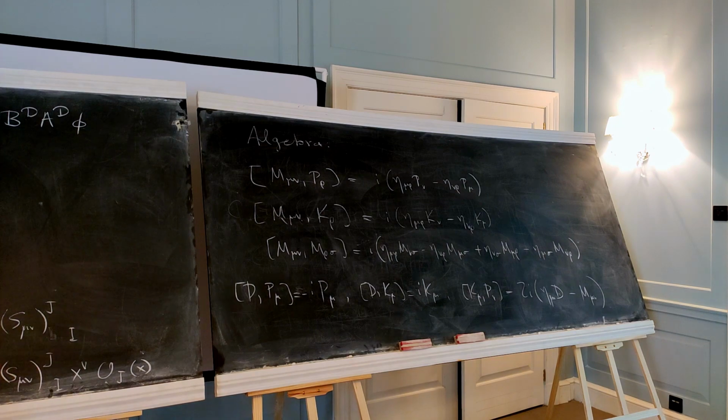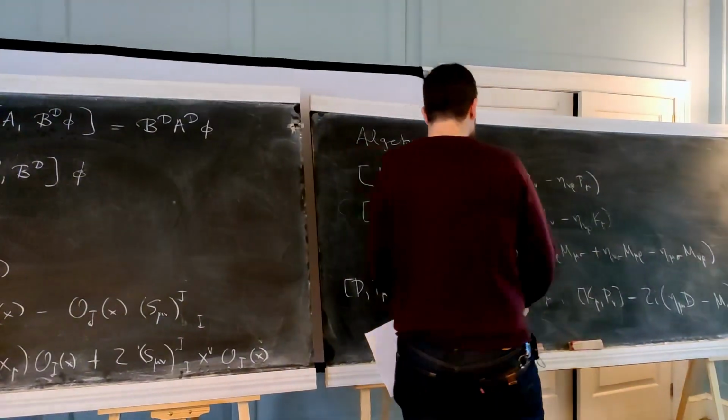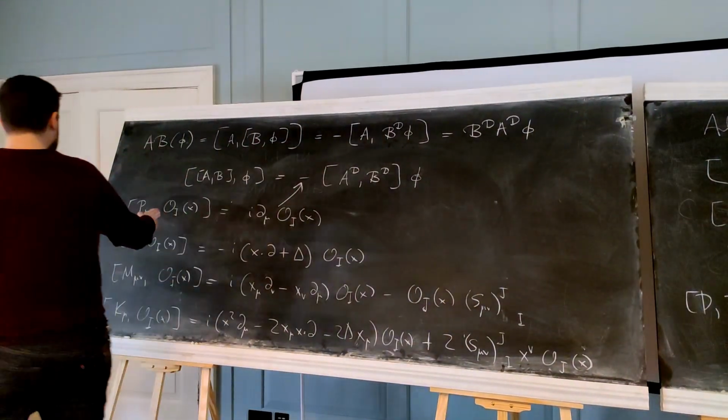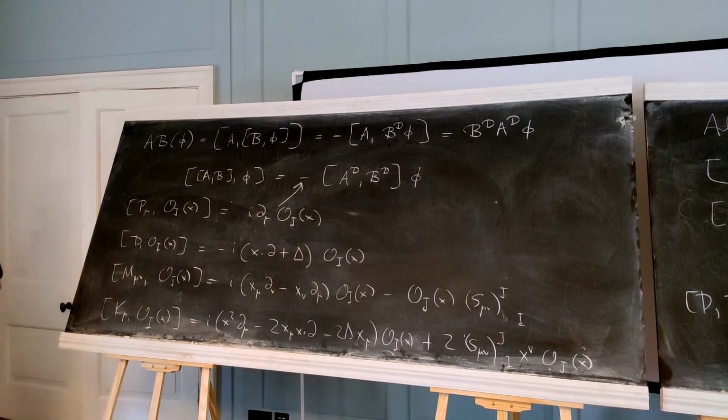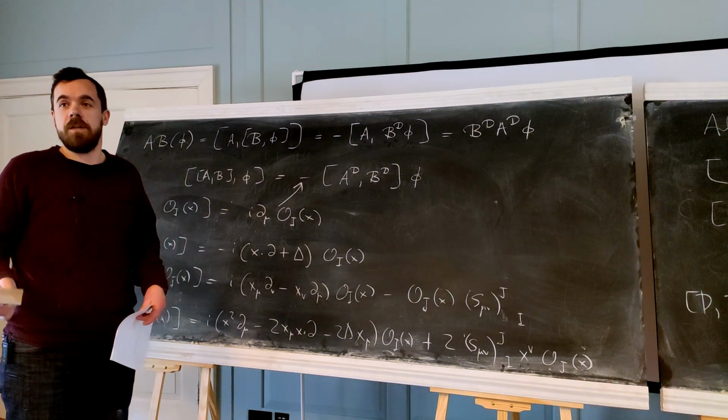Okay, so why did we do all this? Why do we worry about operators? Operators are not observables. So who cares? Why do we care so much about what the generators of the symmetry do on operators? Because you can use operators to construct observables, which are the correlation functions.